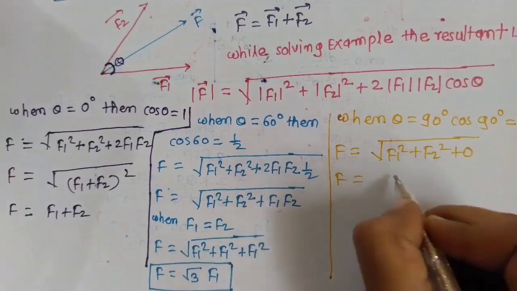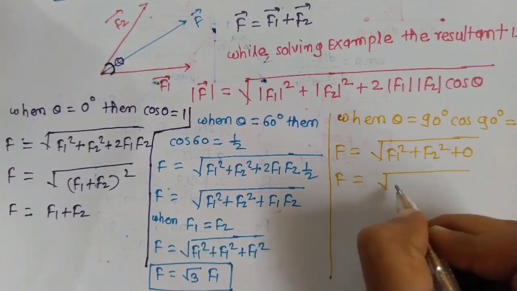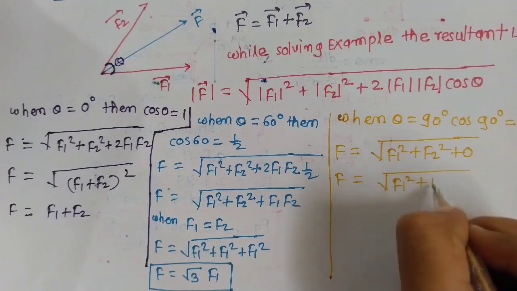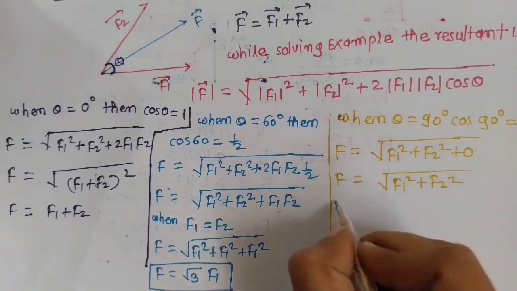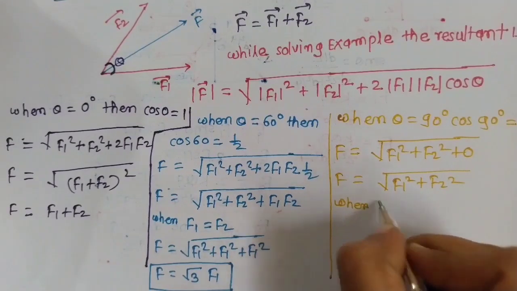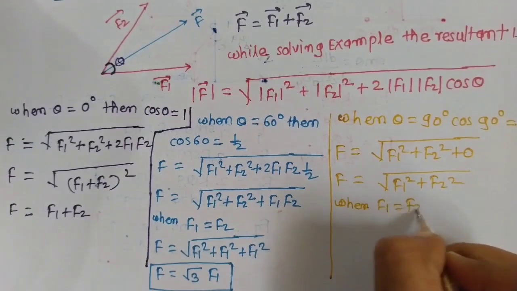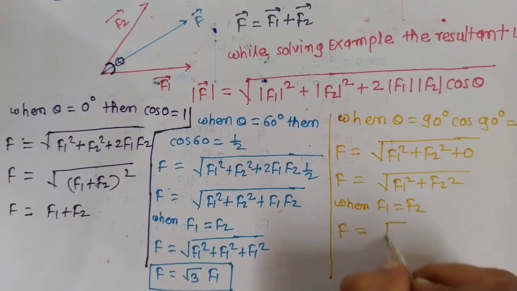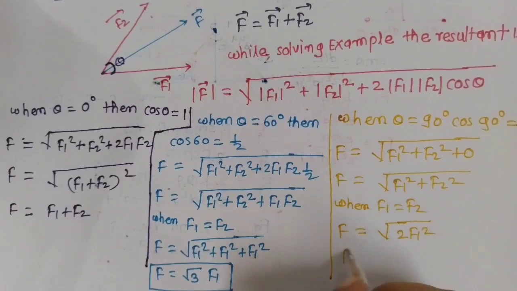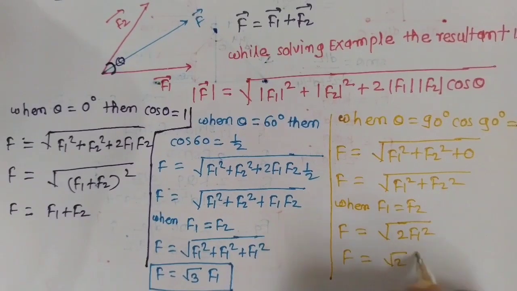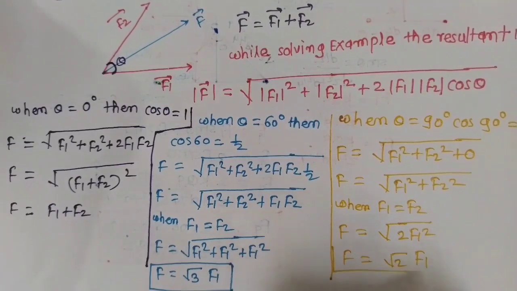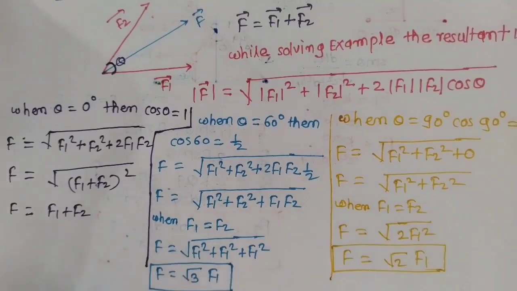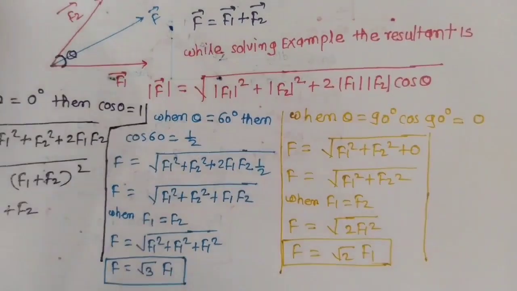So F is equal to, when both the forces are the same, F1 square plus F1 square, which is twice F1 square, therefore root 2 F1, where theta is 90 degrees.